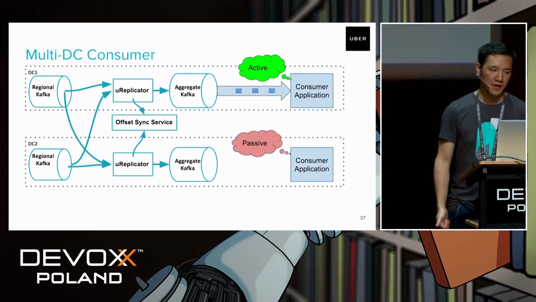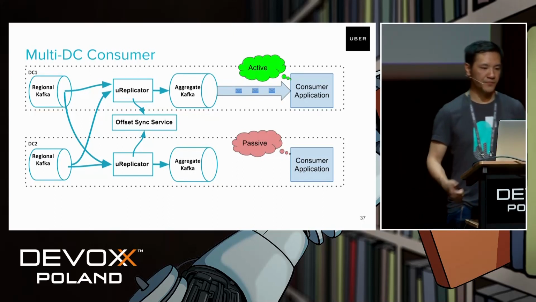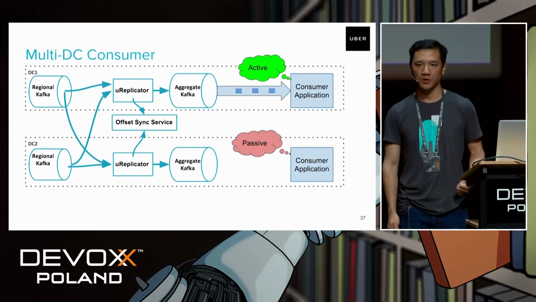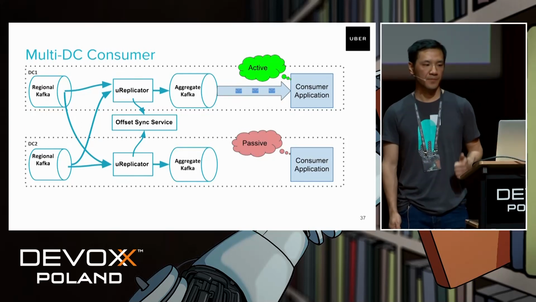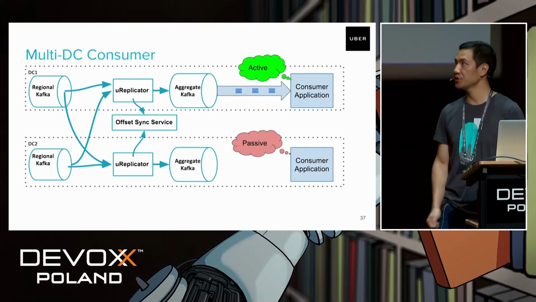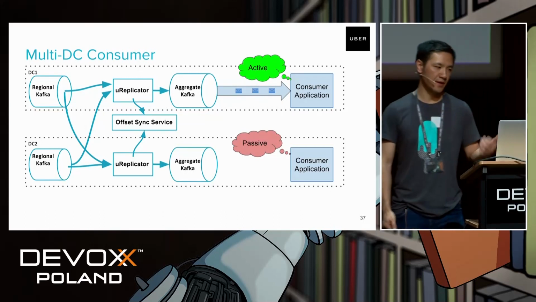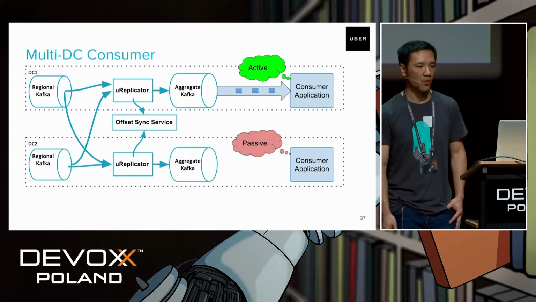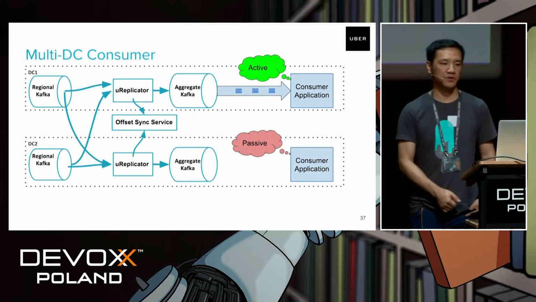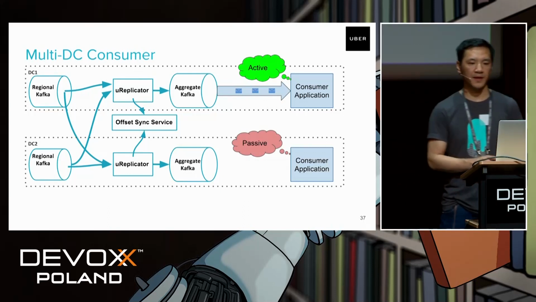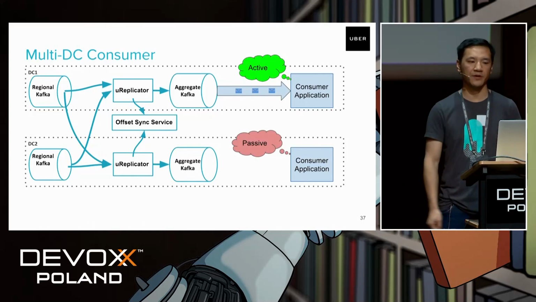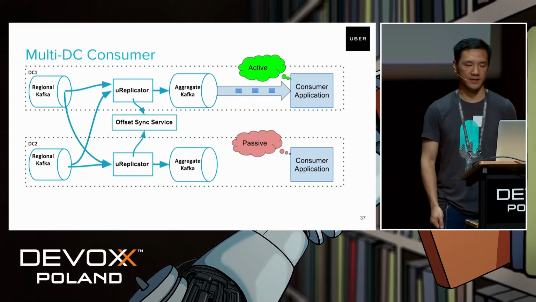So suppose there's no failover. One of the data centers will be chosen to be the active data center. In this case, the consumer application within DC1 will be active, and all the messages will be delivered to the consumer application from the aggregate Kafka cluster within DC1.